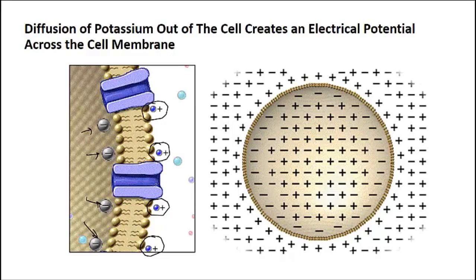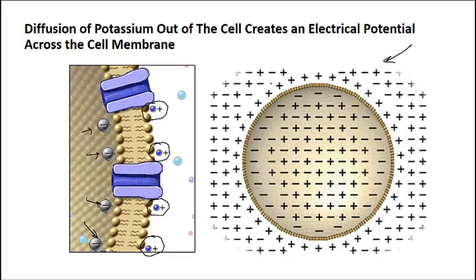So this separation of charge creates an electrical potential across the cell membrane, which is also provided by this picture. You see mostly negative charge in very close proximity inside the cell cytosol and very positive charge surrounding the cell outside. Now this electrical potential will start opposing the diffusion of potassium out of the cell, because once this process starts to occur, then what will happen?